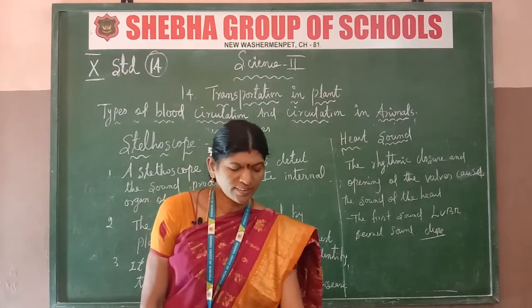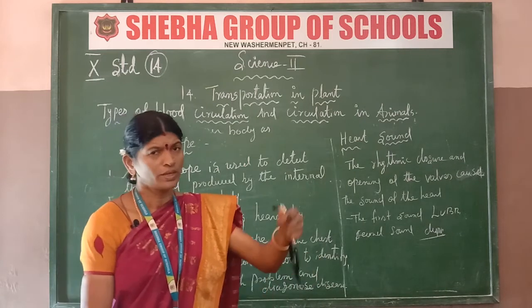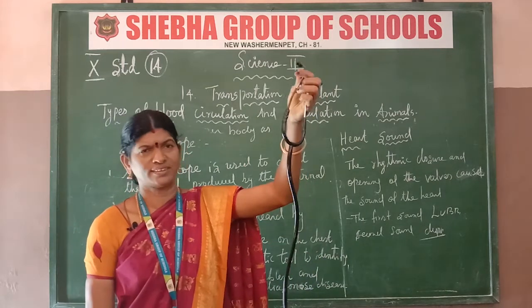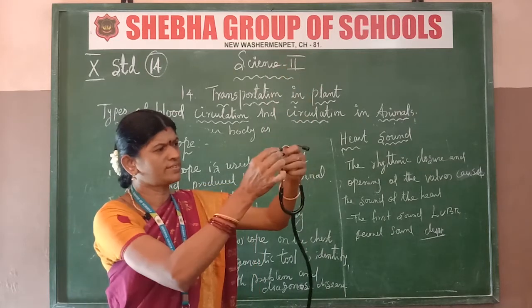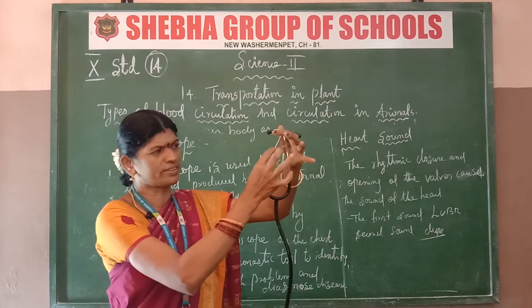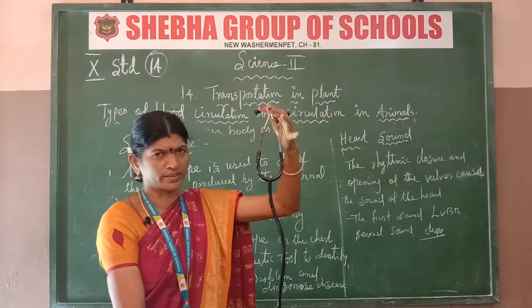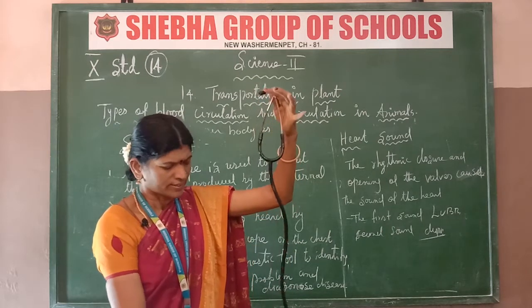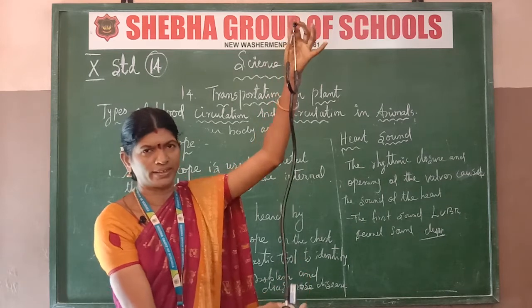Listen. Next we are going to the stethoscope. I show one instrument. This is a stethoscope. First of all, this is the earpiece and ear tubes, then this is a tube. Next is the stem, and then the bell. It's clear.